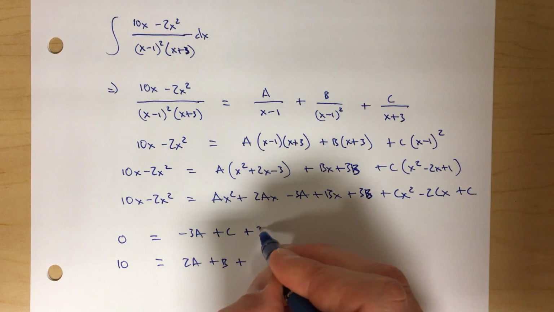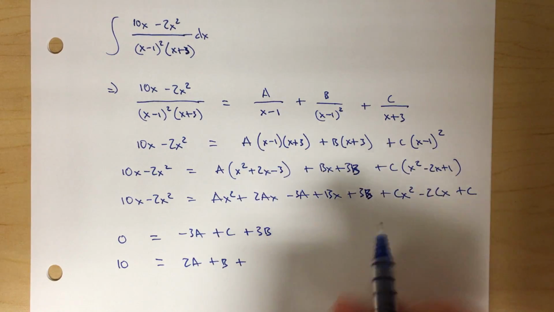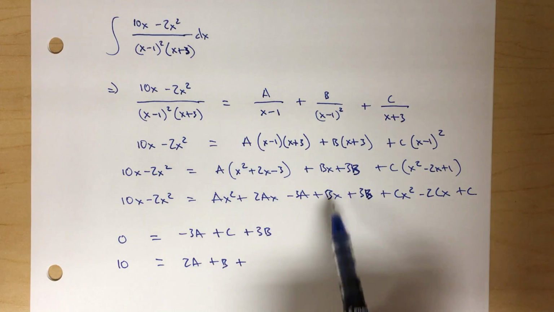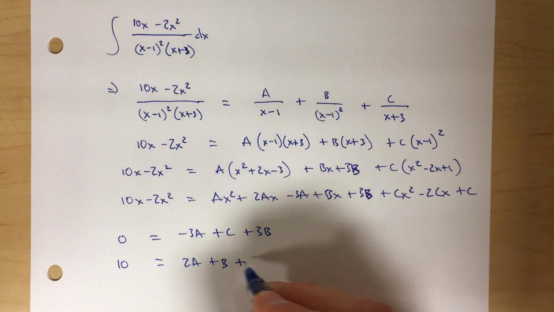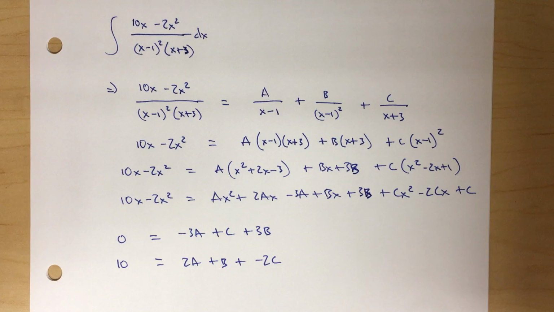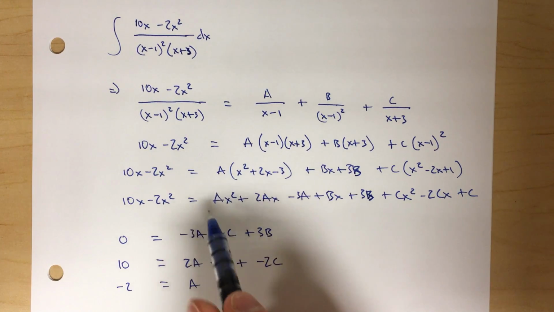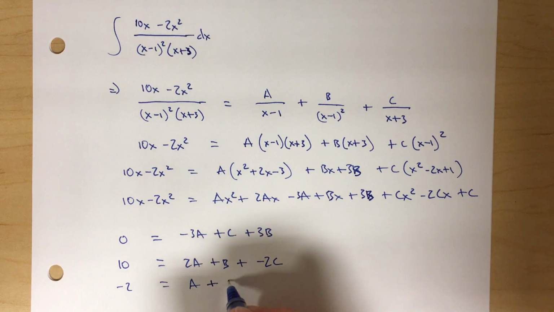So this should be plus 3b. Whoopsies. So 2a plus 3b minus 2c. And I need negative 2 to equal a plus c.